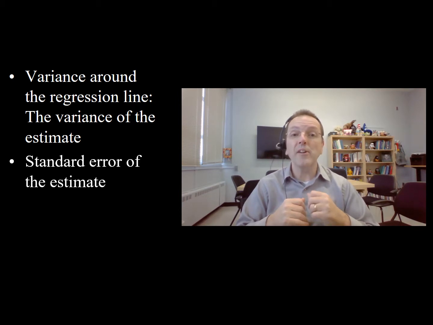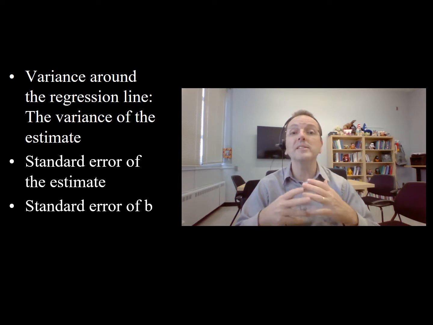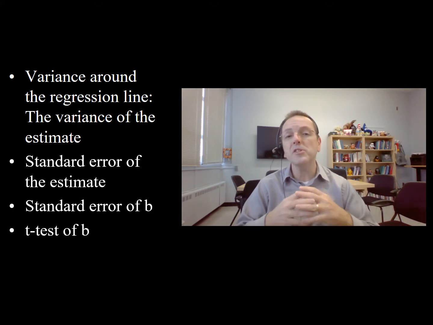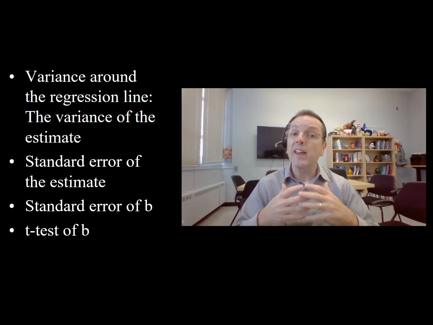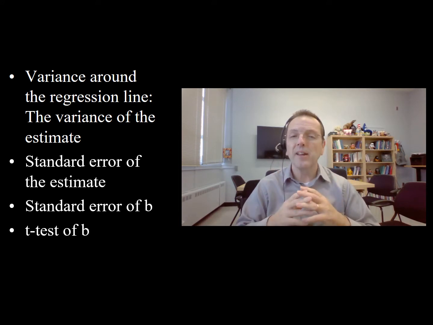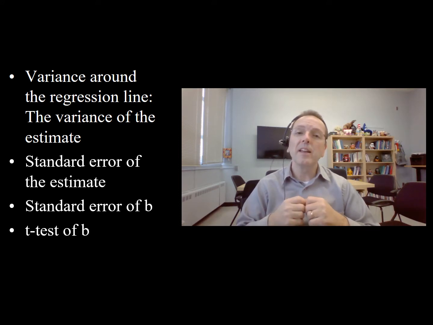We then use the standard error of the estimate to calculate the standard error of the regression coefficient, or the standard error of B. We then use the standard error of B to perform a t-test in order to determine whether our regression coefficient in our sample is sufficiently different from 0 that we can reject the null hypothesis that the effect is 0 in the population. The t-test tells us whether we're sufficiently convinced that any effect we see in our sample is in fact real.